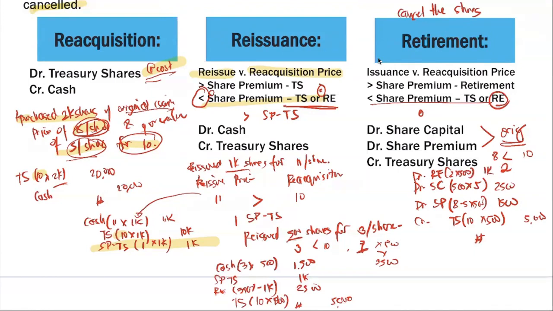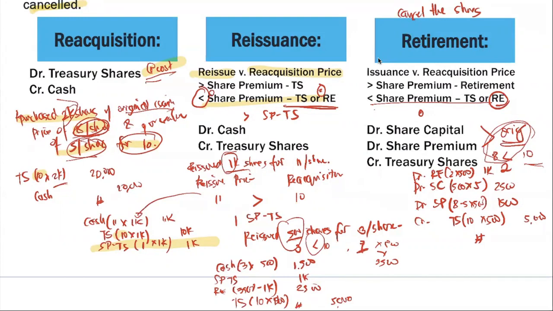As you can see here, from 2,000 shares reacquired, we reissued 1,000 for more than, and then we reissued another 500 for less than, and we retired the last 500 for less than. So for the share premium, you compare the original issuance price, 8 per share, to your reacquisition price already. I hope we are clear.